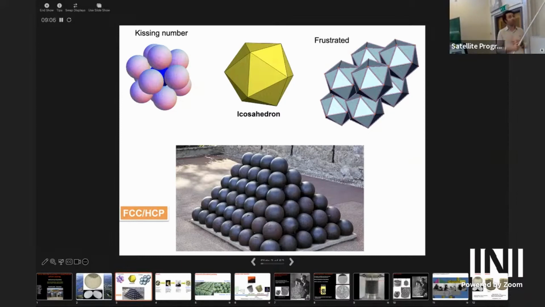For single-sized spheres, we know that you can pack 12 spheres around the central sphere, and you can create the most dense local packing. This arrangement forms an icosahedron if you place the centers of each sphere on the icosahedron. You get a really compact, fully dense local structure that unfortunately doesn't fill the space. If you try to put them together, they will leave some gaps, and this structure is frustrated.